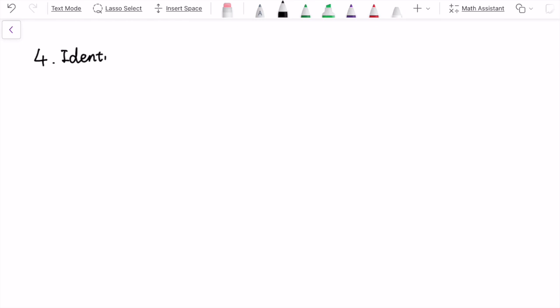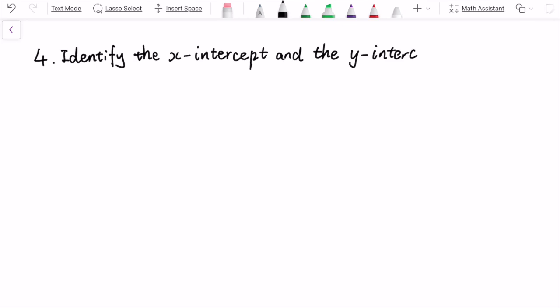Number 4. Identify the x-intercept and the y-intercept. The first question is, what is the intercept?